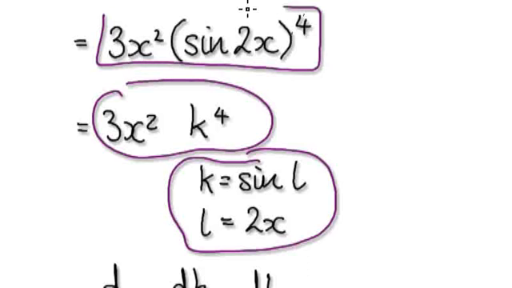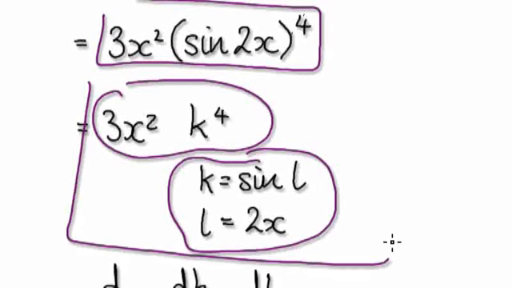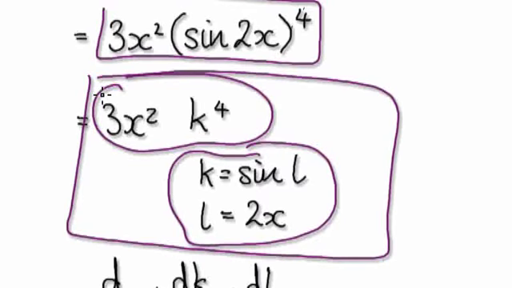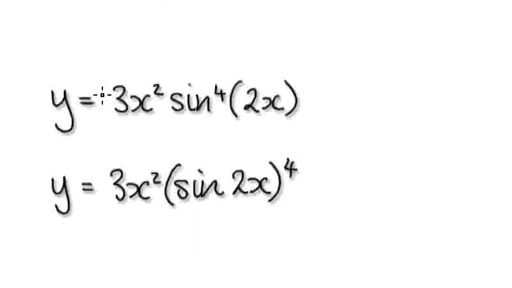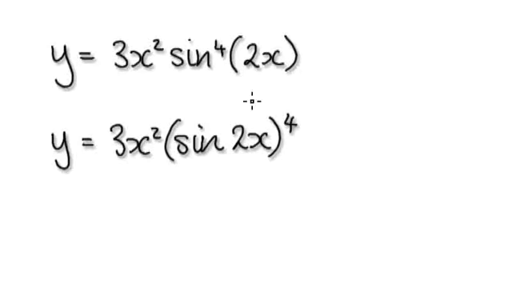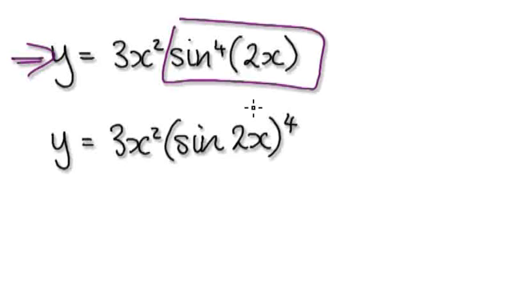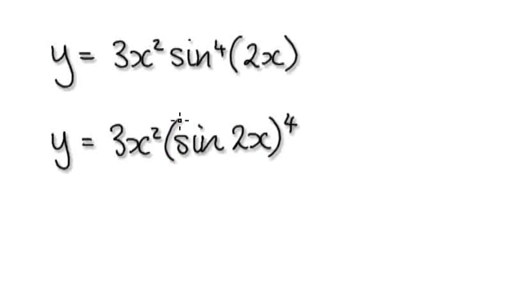So you are trying to differentiate this, but inside your mind try to visualize this. But when you come to do it, train yourself to do it all in one go. So this was the original question, but in your mind visualize this bit as this bit to the power 4. So now do it in one go.